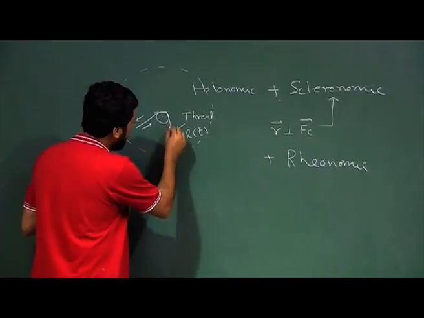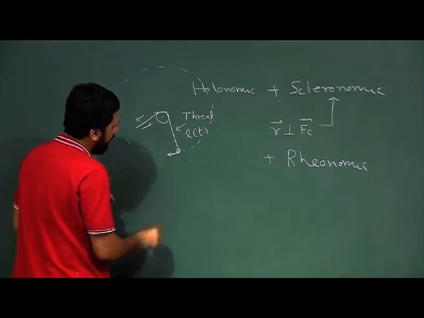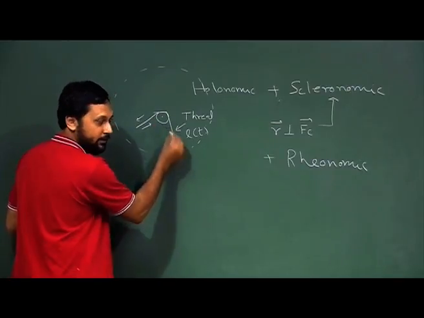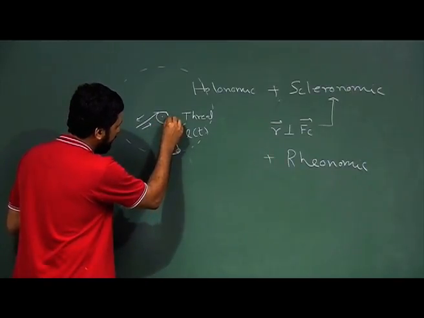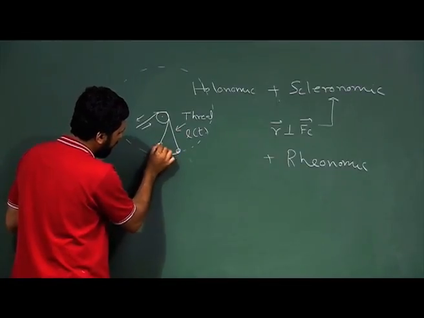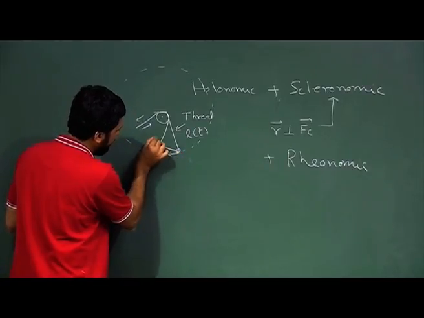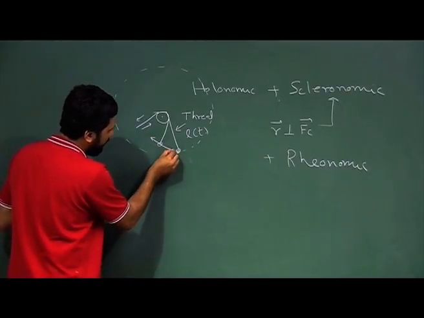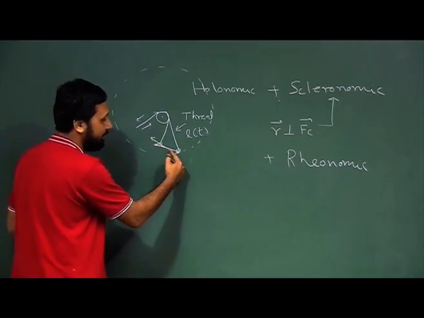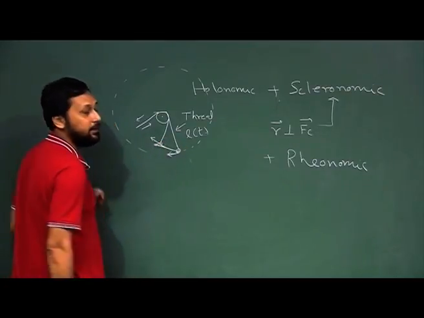So, let us say the length is shortening and the pendulum is moving in this direction. As the length shortens, during this passage it will not end up on the circle, but on a shorter path. So, the path is actually something like this. The direction of velocity at any instantaneous position is a tangent to the path, which will not be perpendicular to this direction.